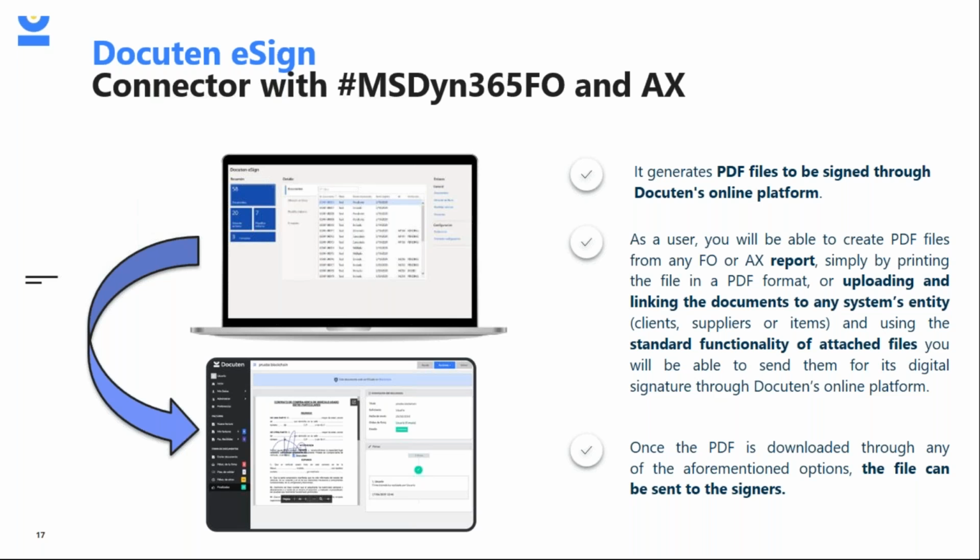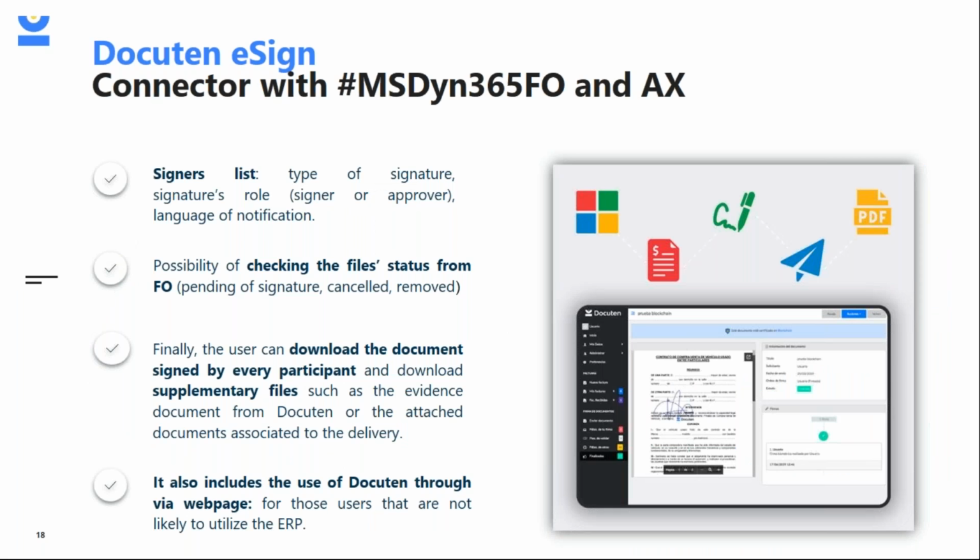just linking to the standard functionality in finance operations, the attached files. You will be able to send them for later digital signatures through Docuten. And this is the same as we have seen before for Business Central and NAV. You can introduce signers. The signer list you will be able to save in the role center.